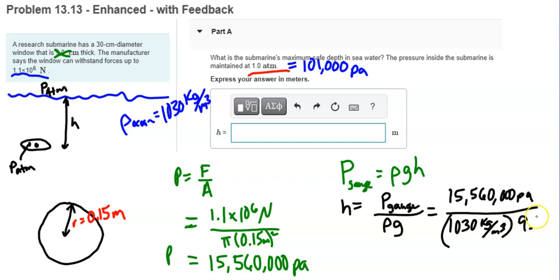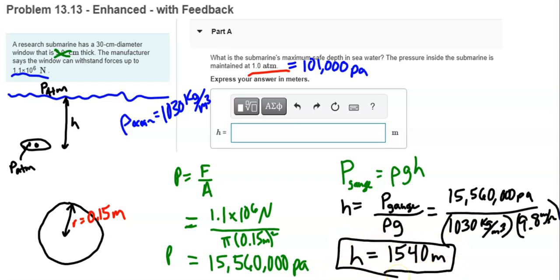Mastering likes 9.8, but on the AP exam you can use 10. When you do that, you're going to get a maximum depth of 1,540 meters or so, and that does check out with the answer key. So there you go. Hope that helps.